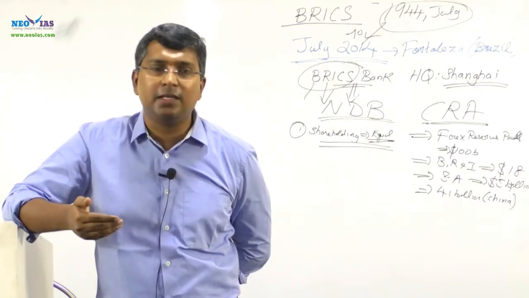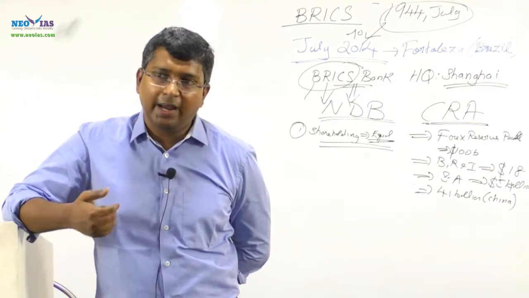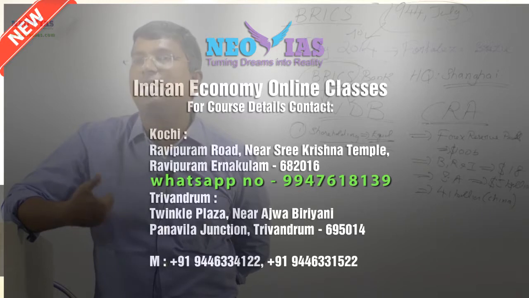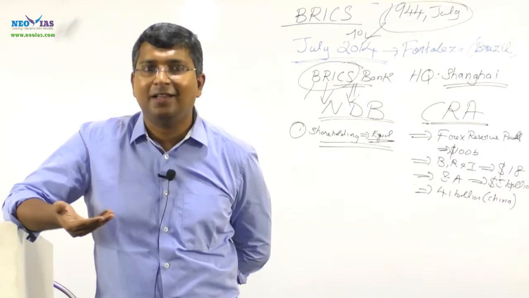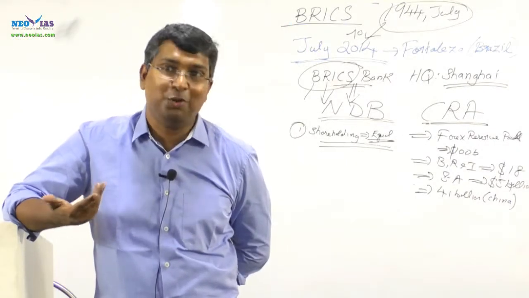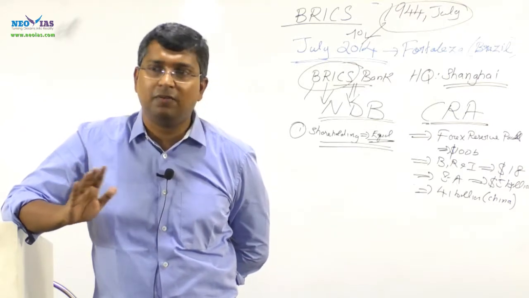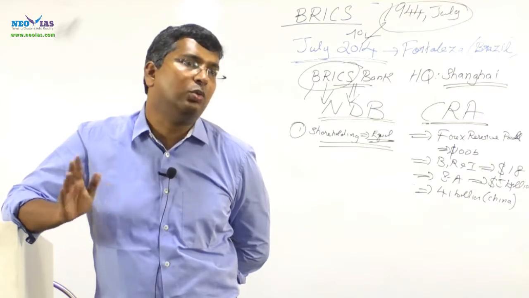Now with this Currency Reserve Arrangement, it's showing that China wants to make its own currency an international currency like the dollar. So maybe after 30 years or 50 years, or maybe after 100 years, it will not be the dollar. You don't know what will happen. So China will be an equal competitor to the US.